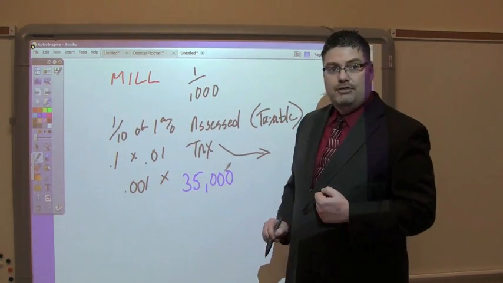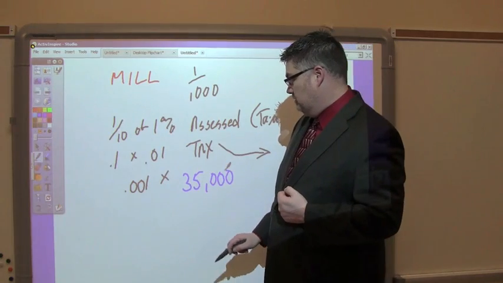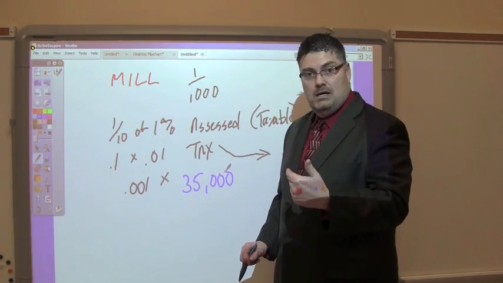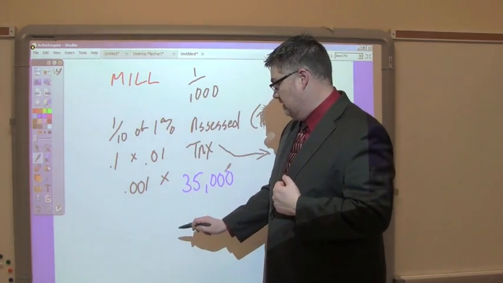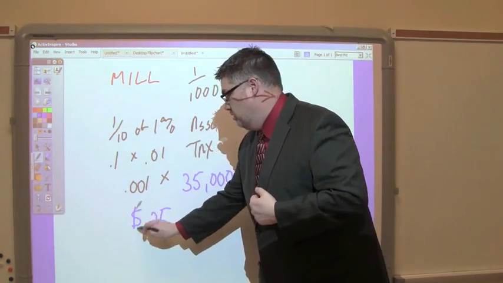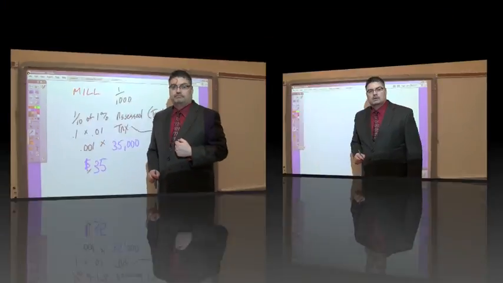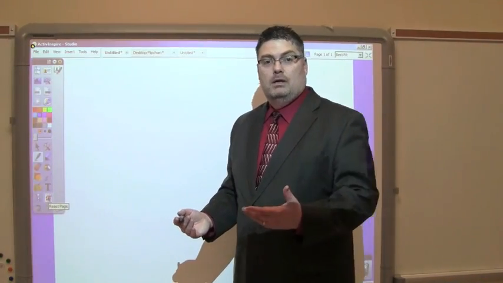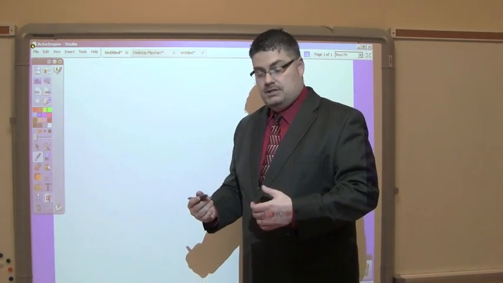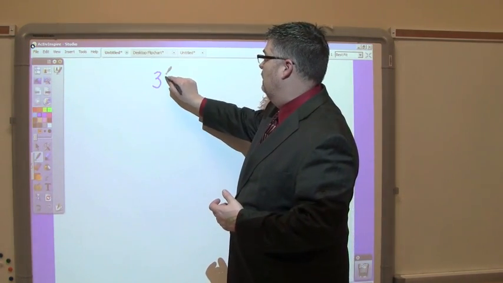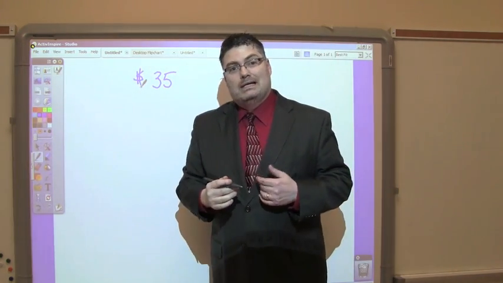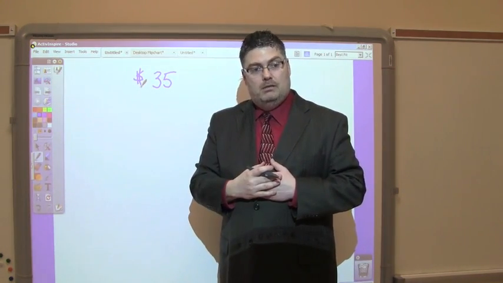So we multiply 35,000 times 0.001, and the amount of 1 mill on a $100,000 house is $35. All right, as we just said, 1 mill on a $100,000 house is $35. That's what the school district gets for every 1 mill.